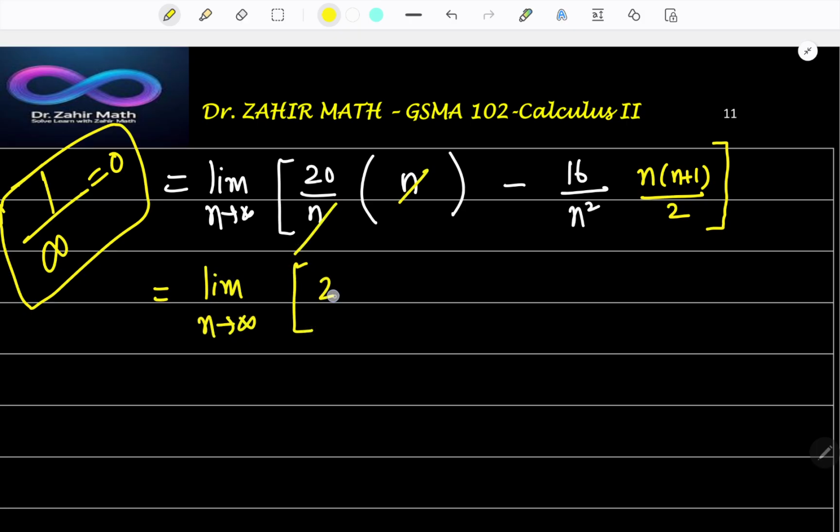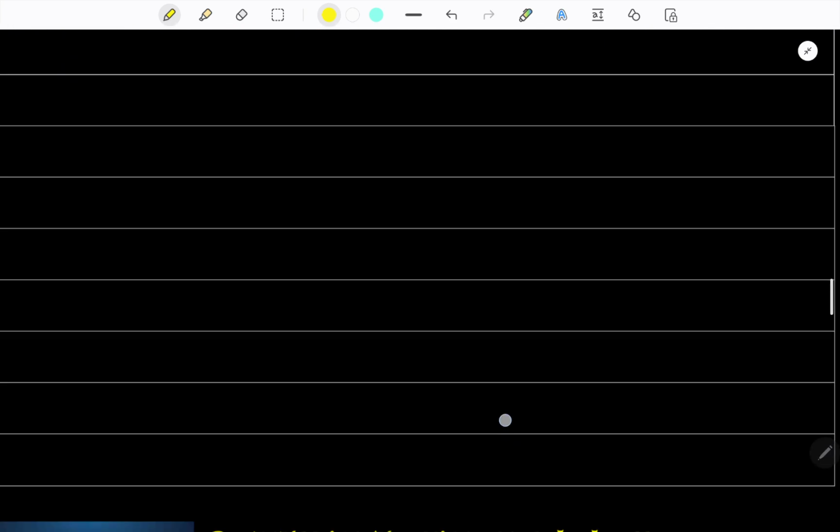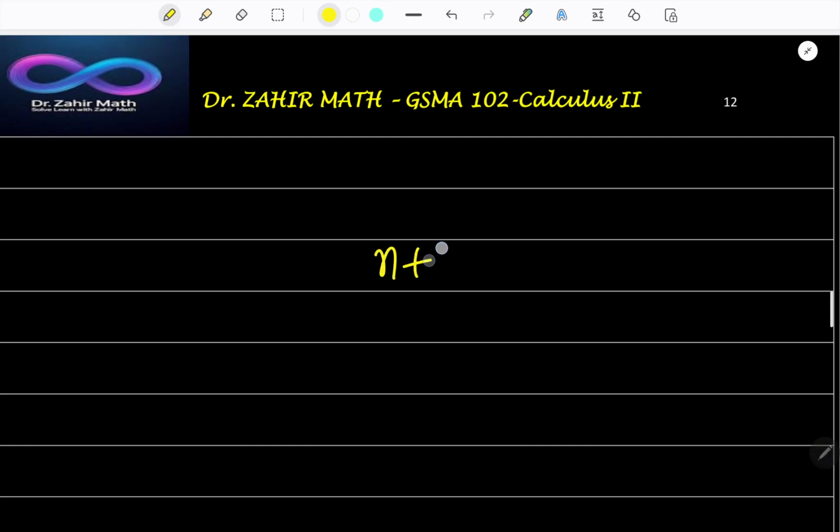N gets cancelled, which is 20. Minus, here a small thing I'm going to do. I'm not going to put infinity here. So what I will do, already n is there, I'm going to take one more n outside as a common term. Let me explain here, n plus 1.